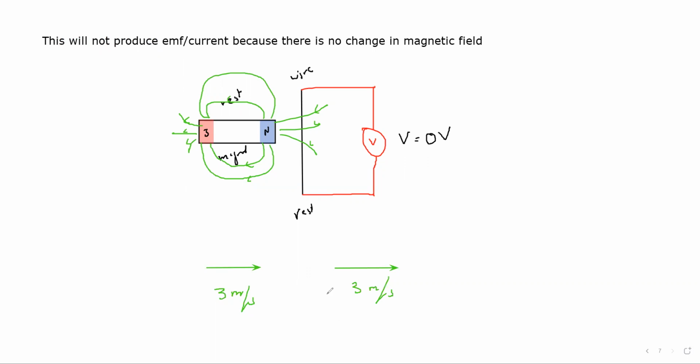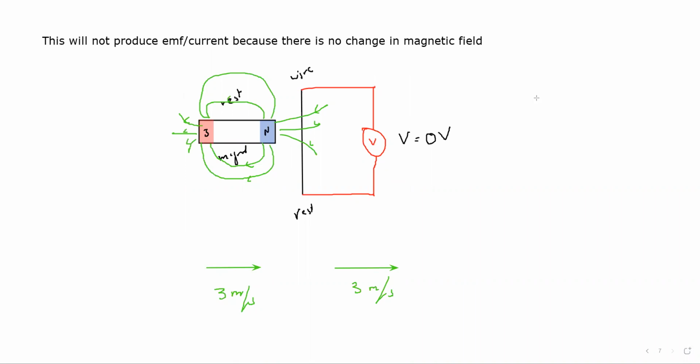Why is there no voltage produced? Because when you are moving both of them together with the same speed, there is no change in distance between them, so there is no change in magnetic field. That is why it will not induce EMF. So whether they are at rest, or moving with the same speed and same acceleration, they will not have induced EMF.